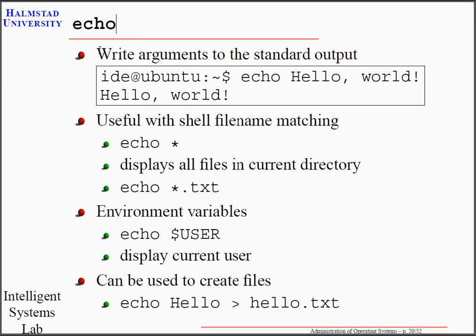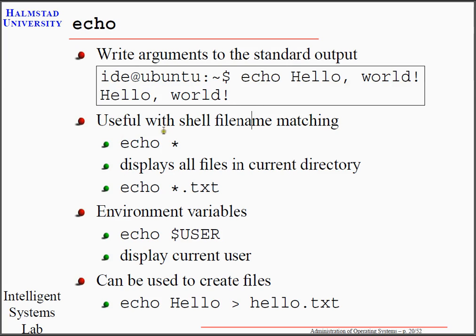Echo is quite interesting because it will just write its arguments to the standard output. So if you do echo hello world, you will get hello world back. And on its own, it's not particularly useful.